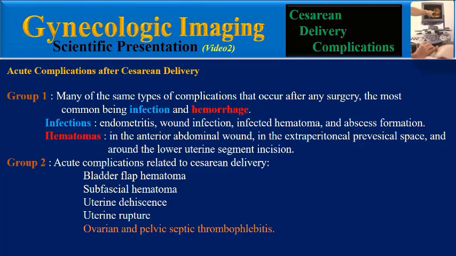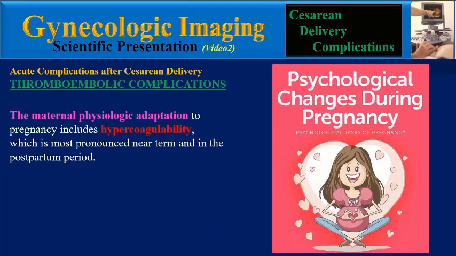I decided to explain a general term, thromboembolic complications related to the postpartum period, instead of ovarian and pelvic septic thrombophlebitis. The maternal physiologic adaptation to pregnancy includes hypercoagulability, which is most pronounced near term and in the postpartum period.